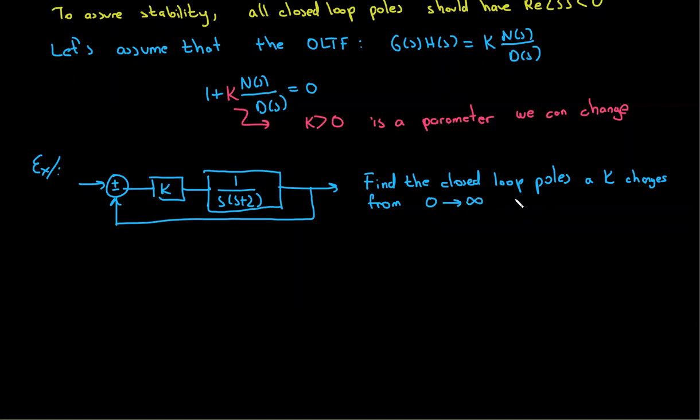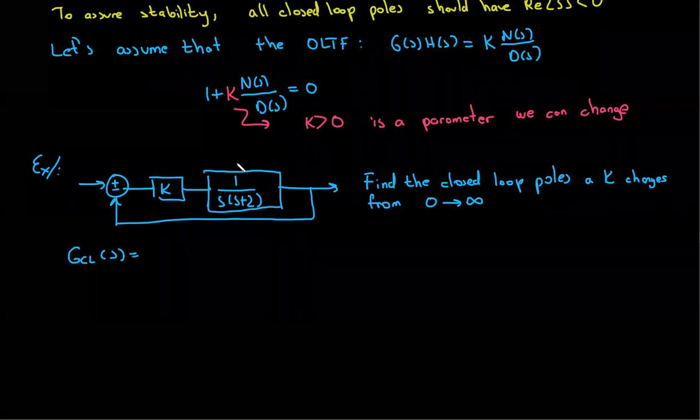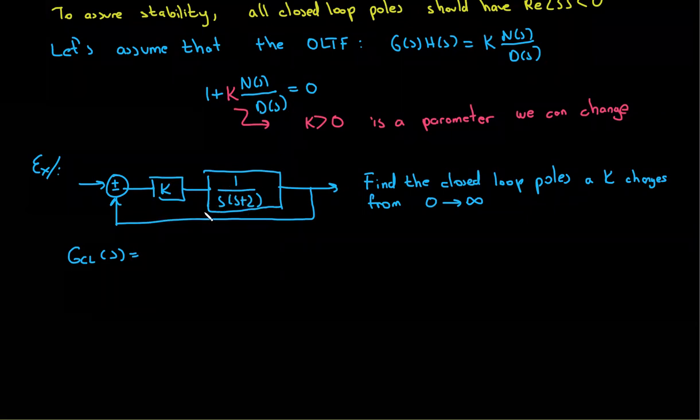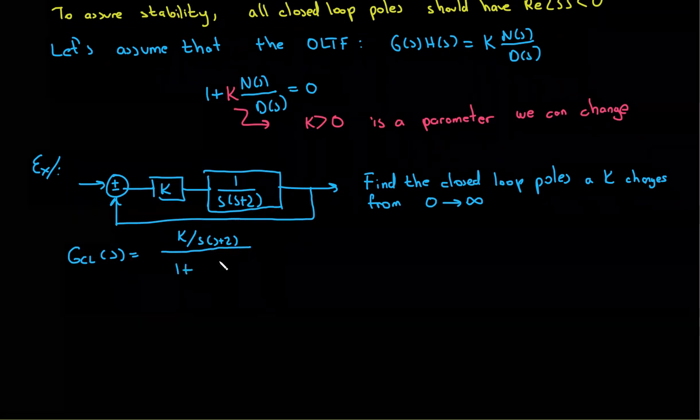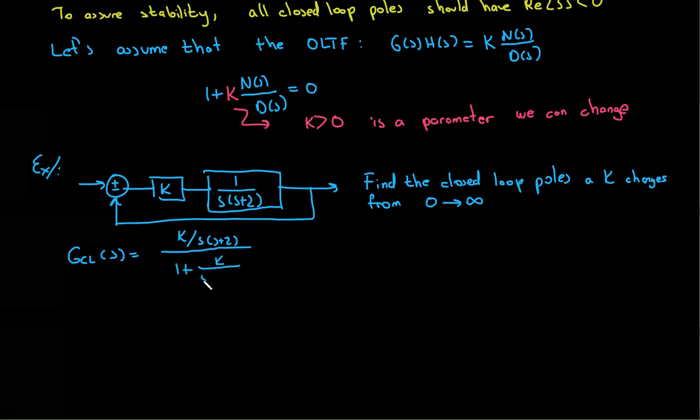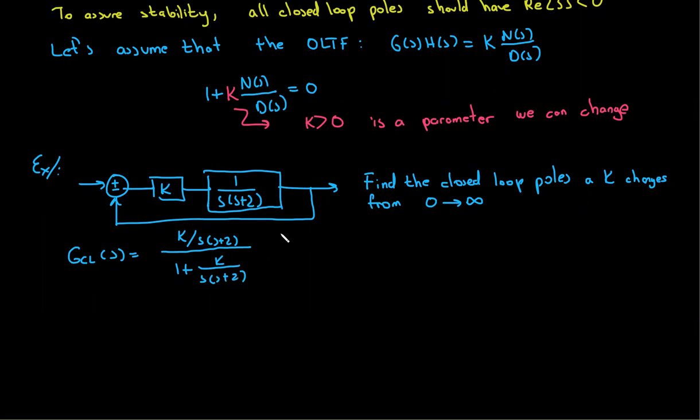Okay. So what is our closed loop transfer function? Our open loop transfer function is equal to K over the multiplication of these two, K over S times S plus 2, right? So the closed loop transfer function will be K over S times S plus 2 divided by 1 plus K over S times S plus 2, right?